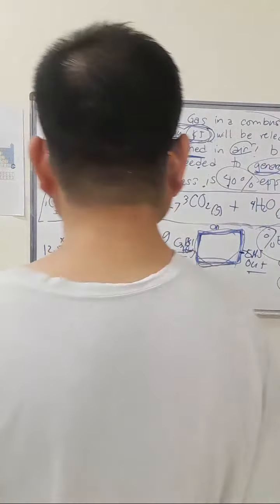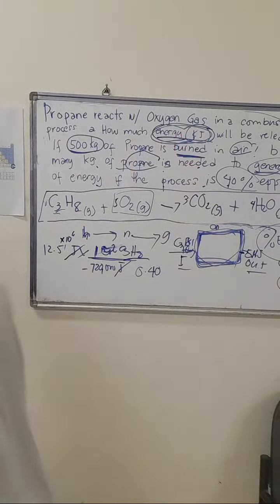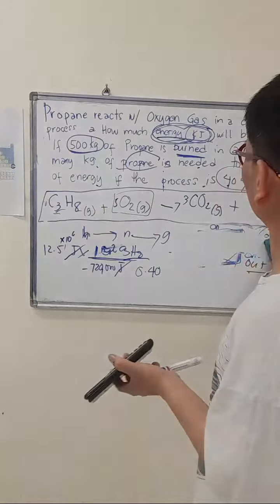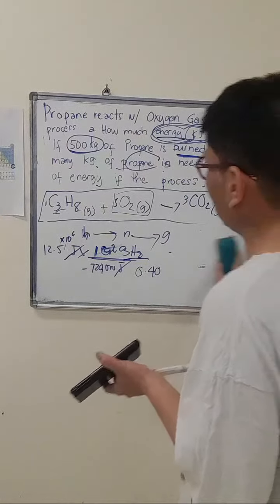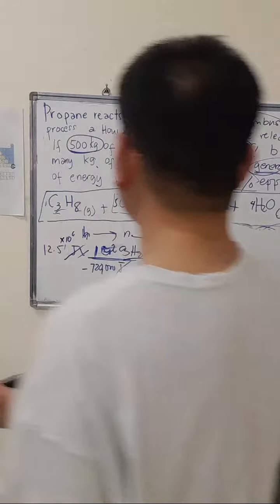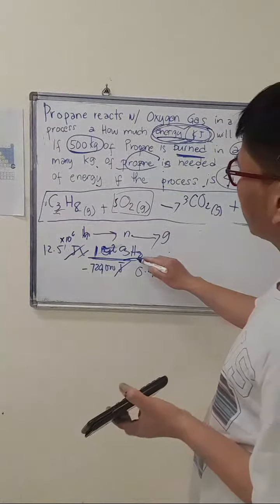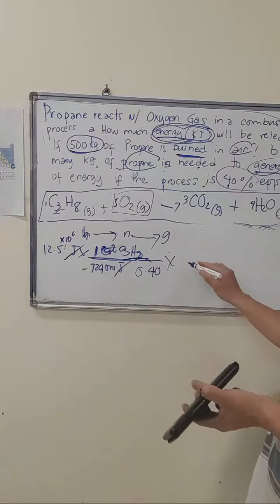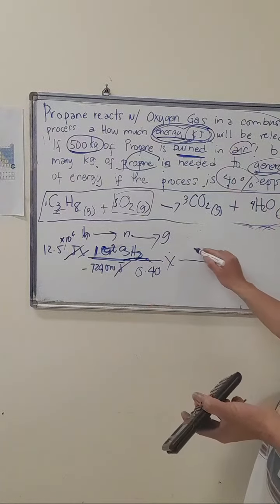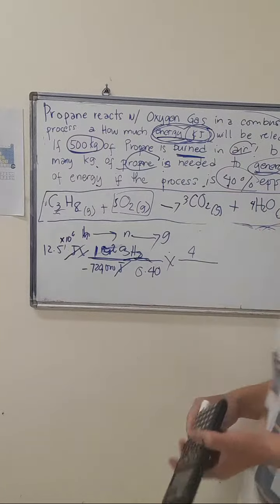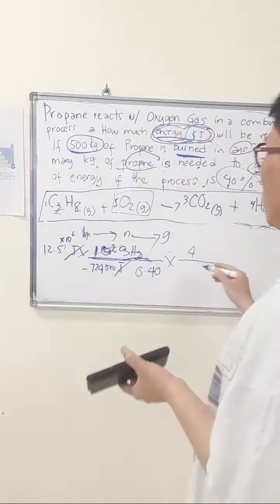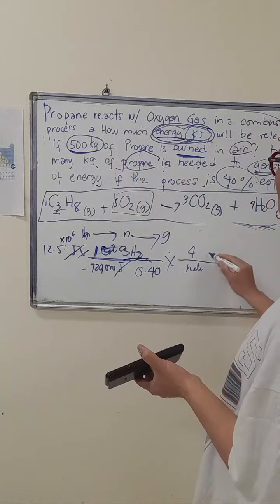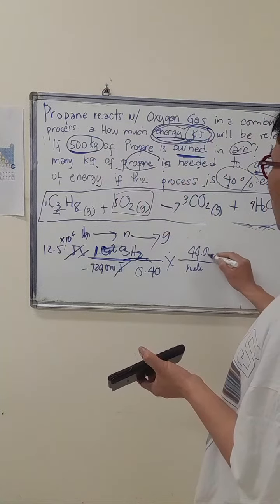Okay, problem. I need to erase some of these writings here because it will create confusion. So, 1 mole of C3H8. Use the molecular weight of propane again, 44.06 grams on top, mole to cancel the mole. So, mole, and then 44.06 grams.